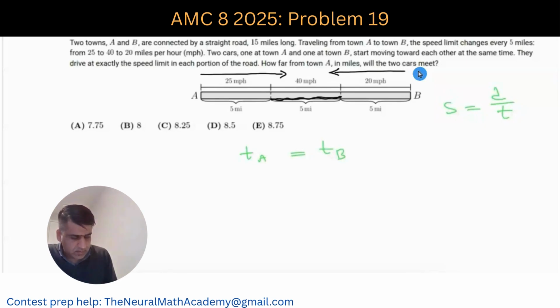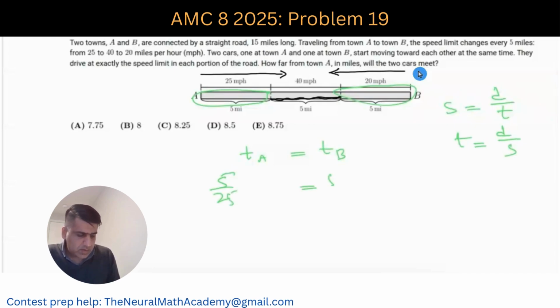However, what we know is that they would have covered completely the first portion, like this portion and also this portion. So we can write, if I rearrange this, 5/25, and on the other side 5/20.